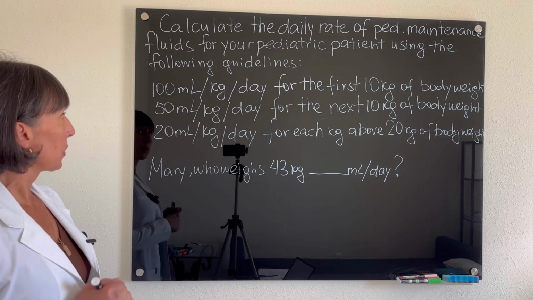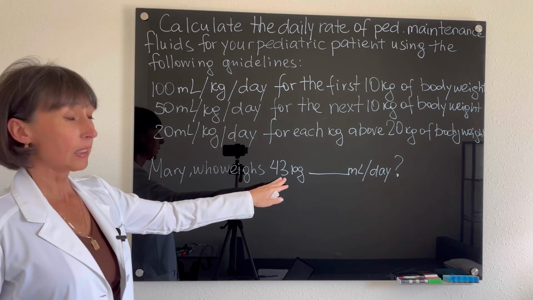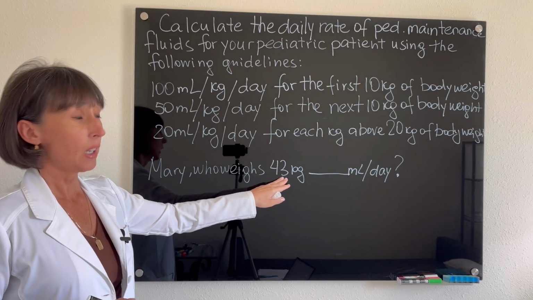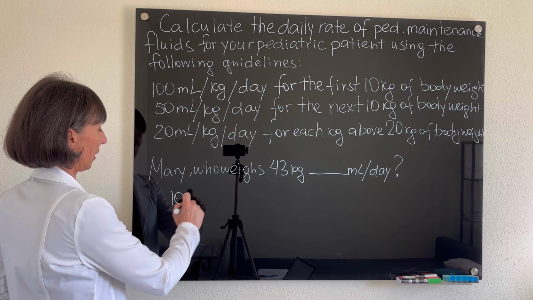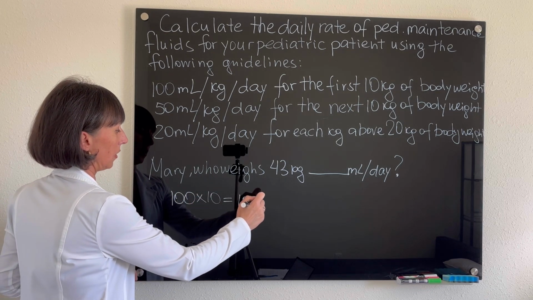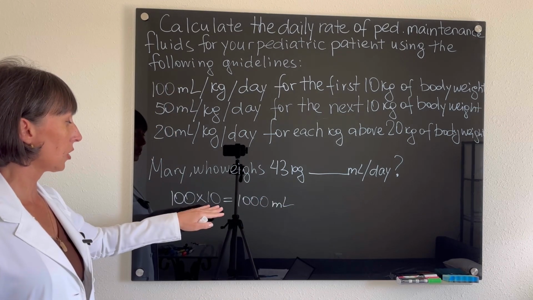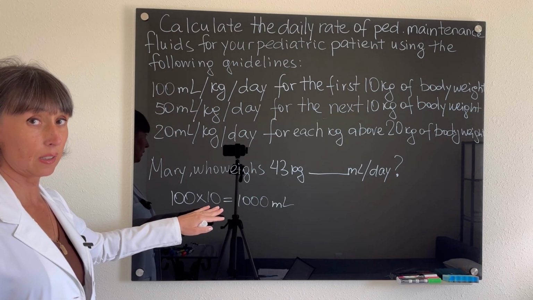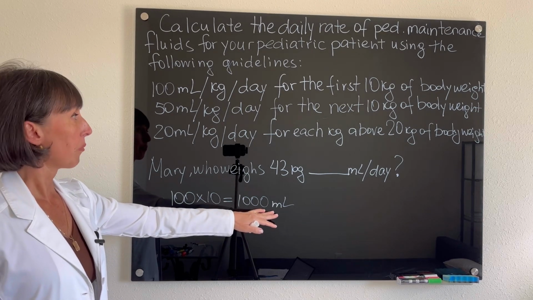Let's follow the steps. For the first step, we need to take 10 kilograms of her weight and multiply by 100. 100 milliliters times first 10 kilograms of her weight is 1,000 milliliters.